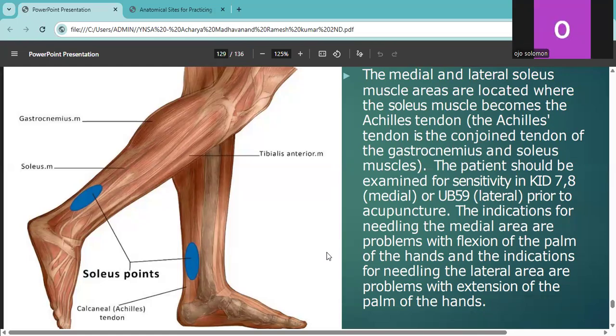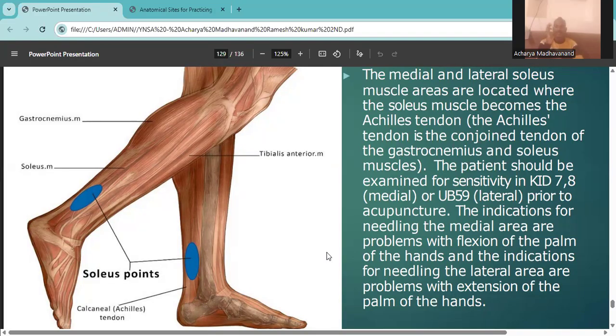When the patient is not able to open the fist, open the fingers, then you use lateral point. For finger flexion, you use anterior point.